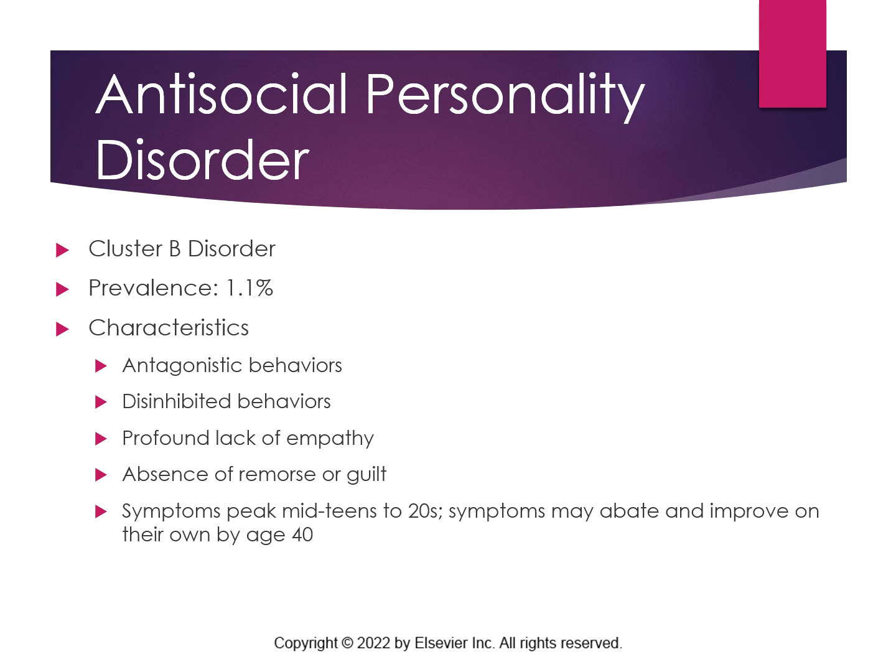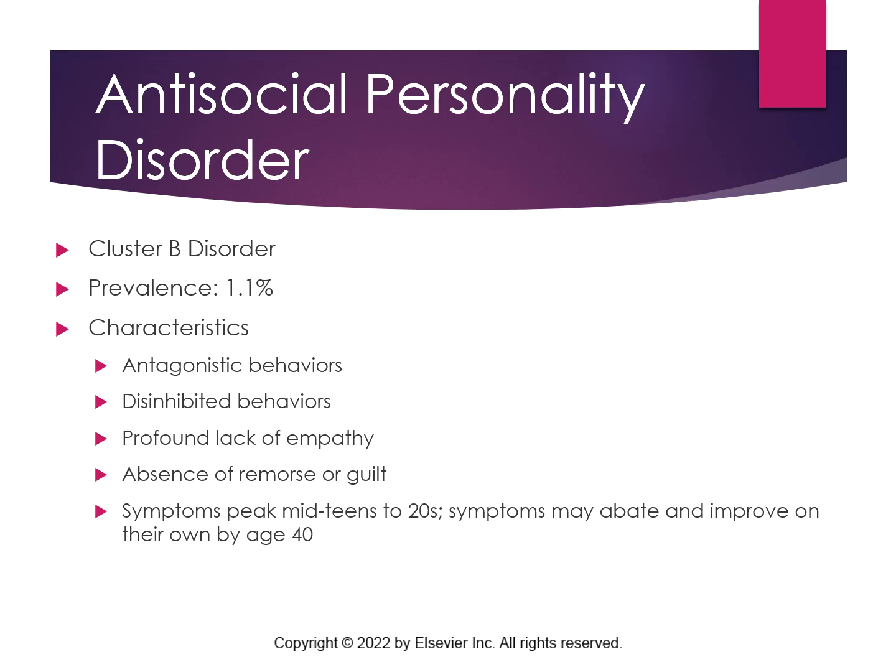The symptoms may abate and improve on their own by age 40. So this personality disorder is very concerning, and this is definitely one that would find itself in the court system and in the legal system.